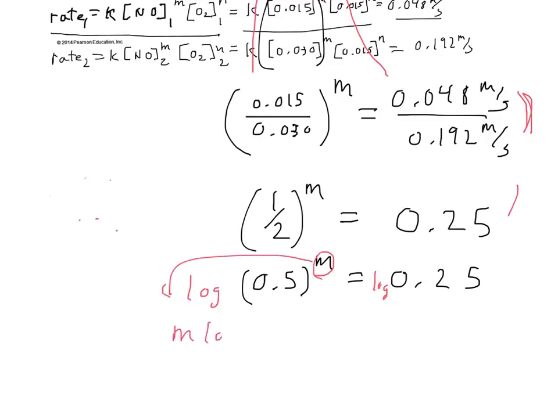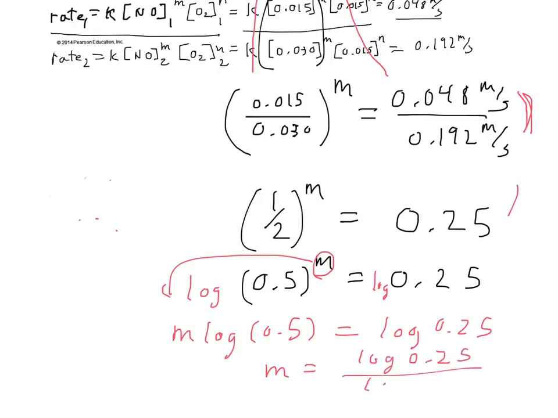So you have m times the log of 0.5 equals the log of 0.25. So m is the log of 0.25 divided by the log of 0.5, and when you punch that into your calculator, it gives you 2. So m is equal to 2.